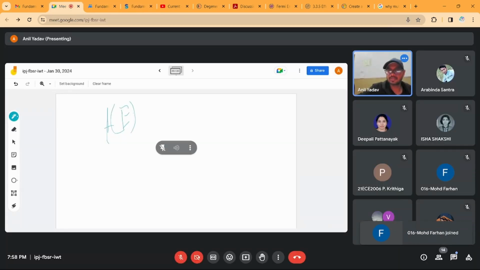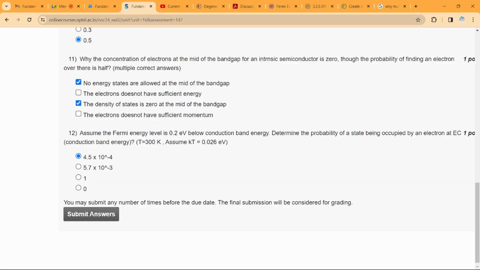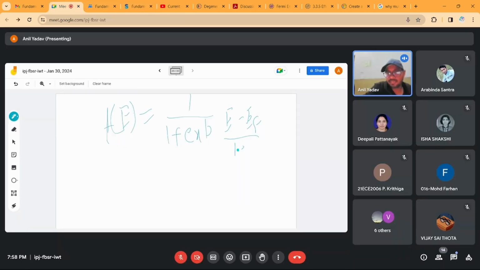F of E is equal to 1 over 1 plus exponential of (E minus EF) by KT.